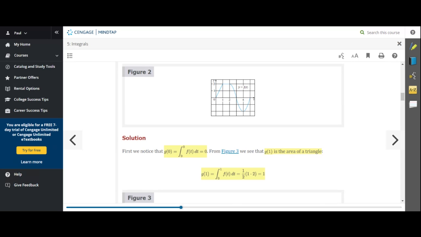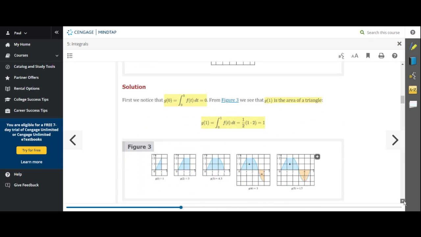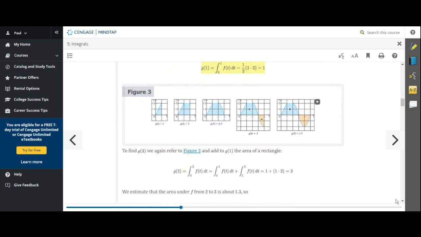All right. Well, then let's go a little bit further in the problem. Let's go to g of 2. Now in figure 3, in the second picture, g of 2 would be the integral from 0 to 2 of our function.